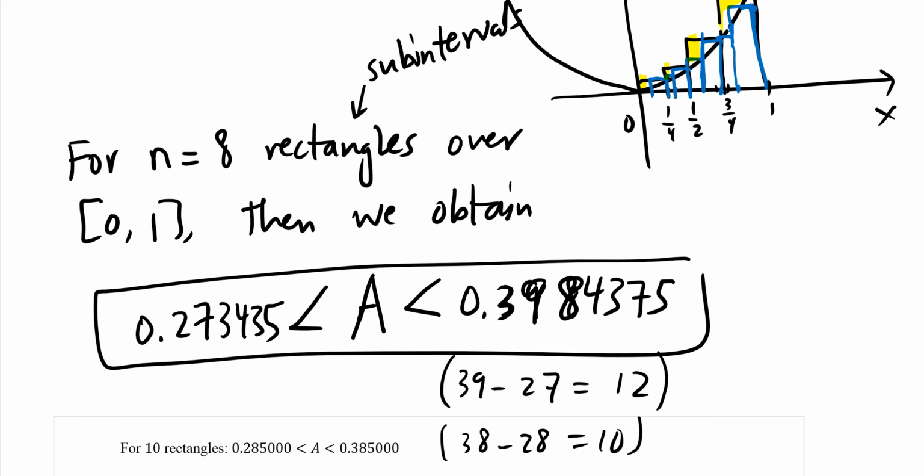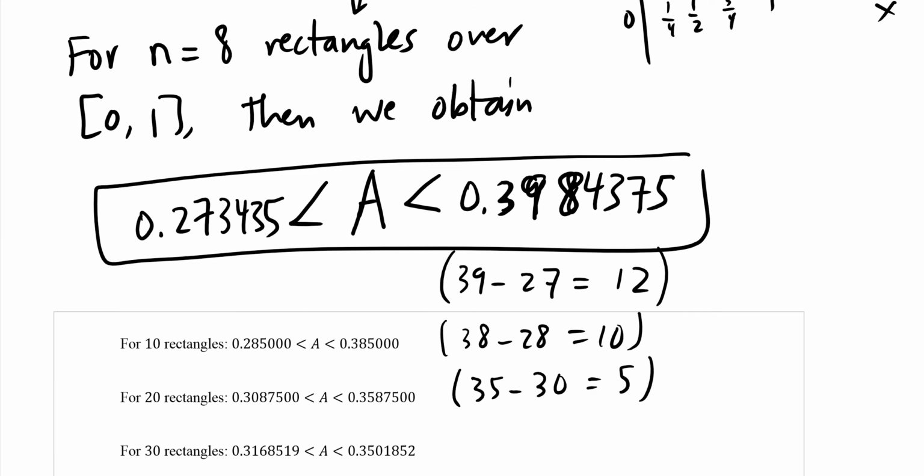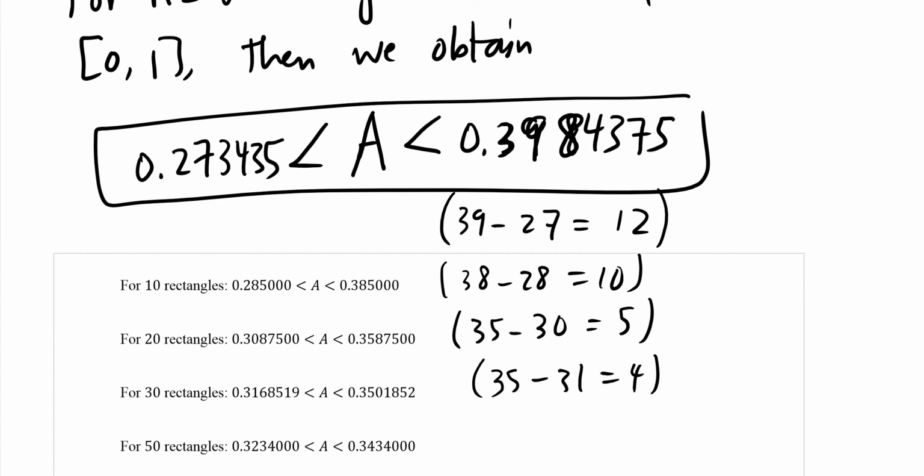What about 20 rectangles? That's 35 and 30. It's getting smaller and smaller: 12, 10, 5. What about 30 rectangles? It's 35 and 31, that's even 4. And then for 50 rectangles, 34 and 32, so that's 2. So 12, 10, 5, 4, 2.